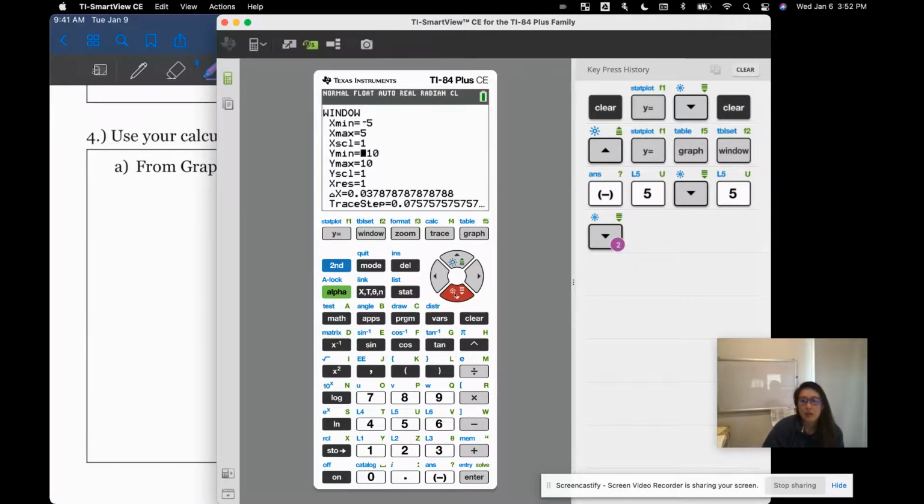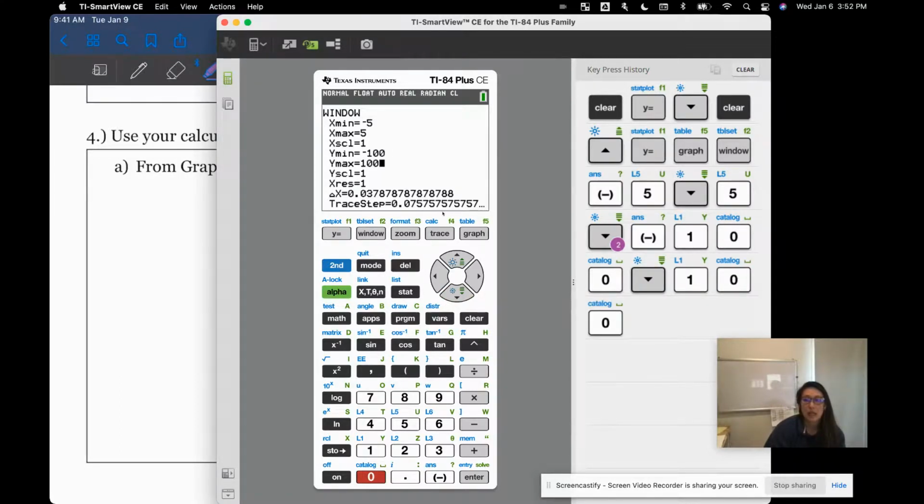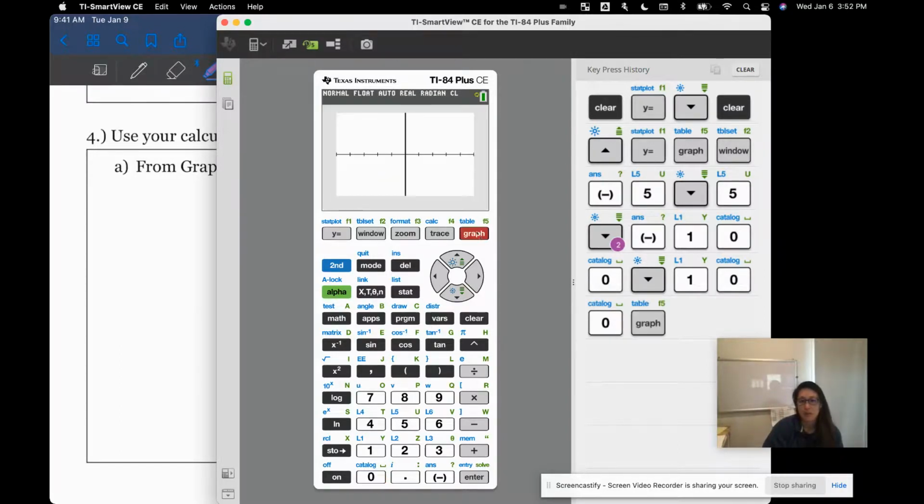Then for the y min and the y max, since the y-intercept is 90, I'm going to change this to -100 to 100 and see what happens. Okay, and then I'll just keep the y scale. Every tick mark is worth 1, but it's going to look like a solid line because the tick marks are so close together. So I can see now that the roots happen.